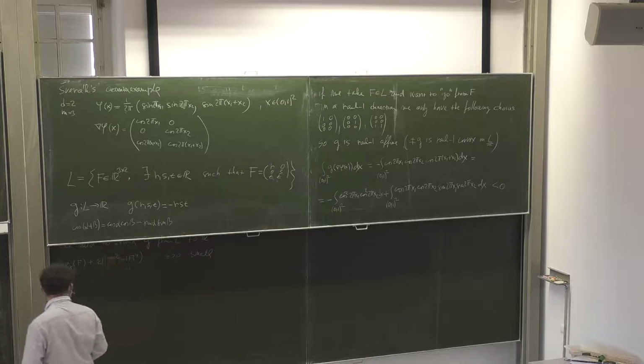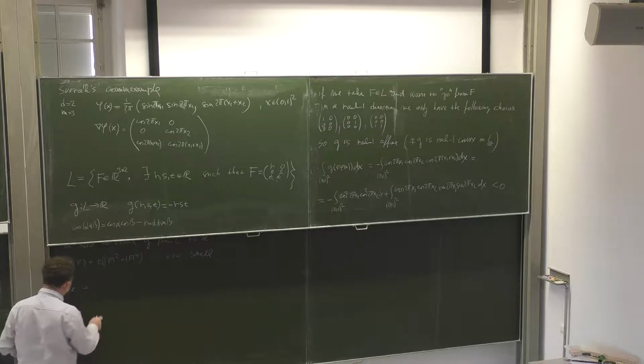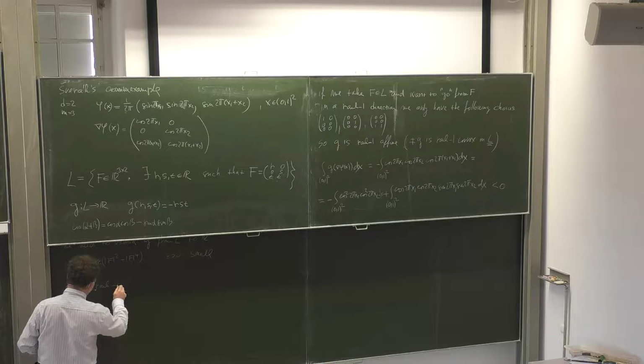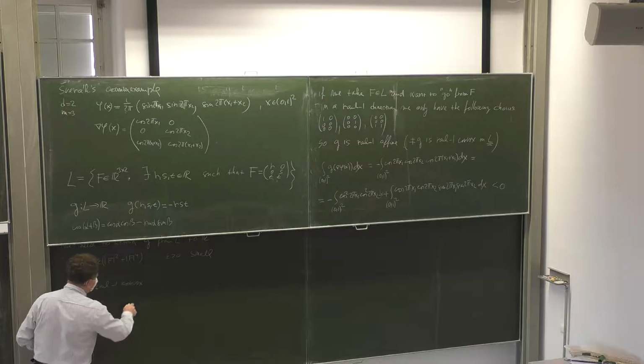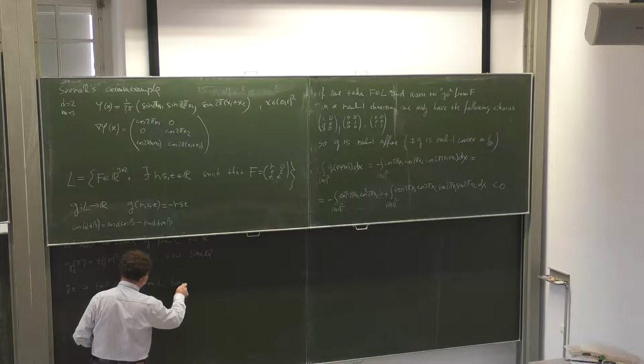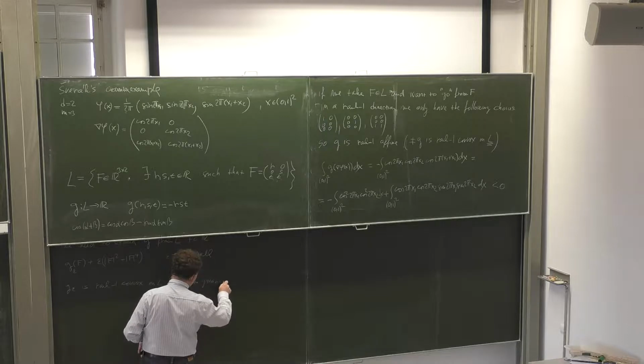And it's obvious that G epsilon is rank 1 convex on L, but not quasi-convex.